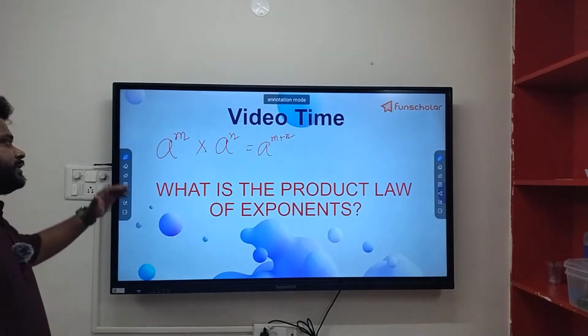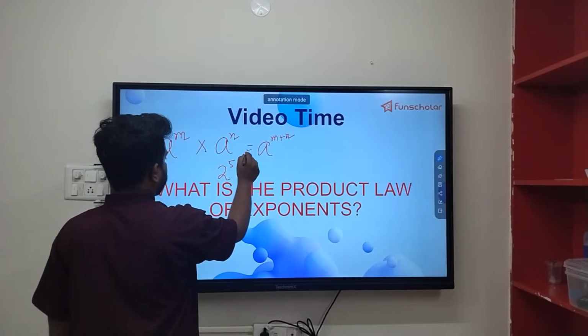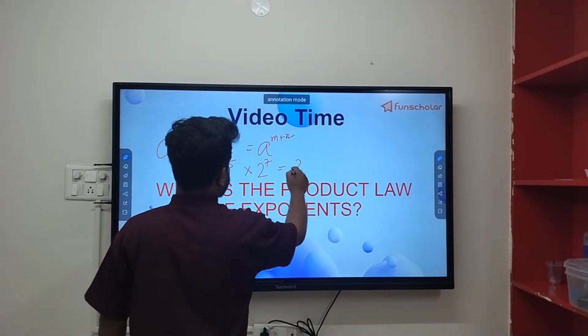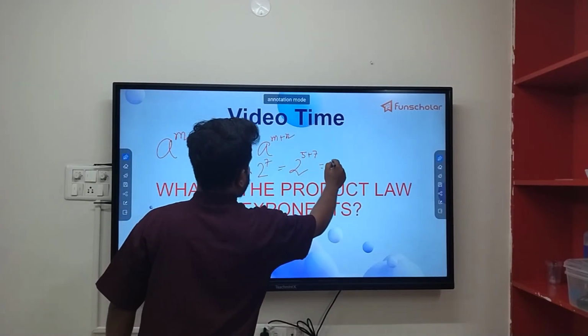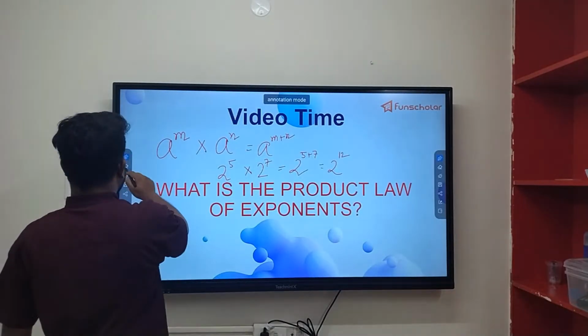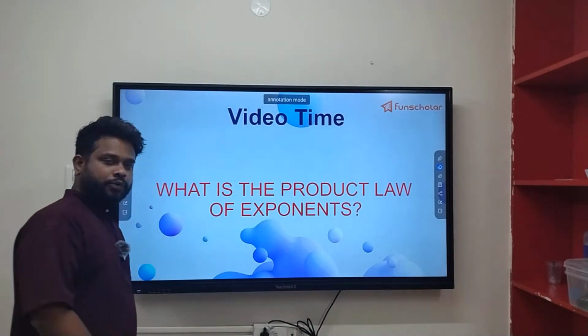And with an example, 2 to the power 5 into 2 to the power 7, the answer will be 2 to the power 5 plus 7, which is 2 to the power 12. So in short, this is the product law of exponents.